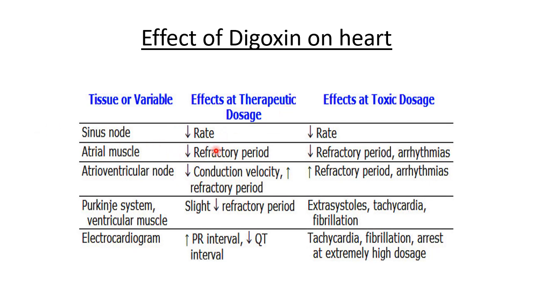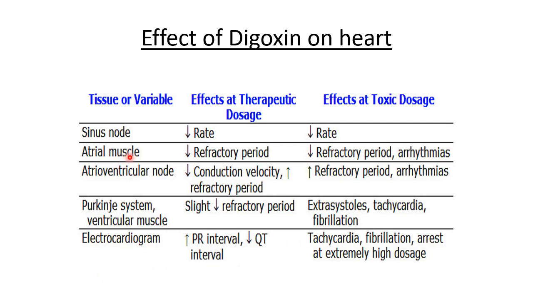So at SA node it would decrease the rate, and at AV node it would decrease the conduction velocity. When the conduction velocity will slow down, the refractory period will increase. And how it will be shown on ECG? It will increase the PR interval, because the PR interval shows the atrioventricular conduction. So it has been slowed, so PR interval would be increased.